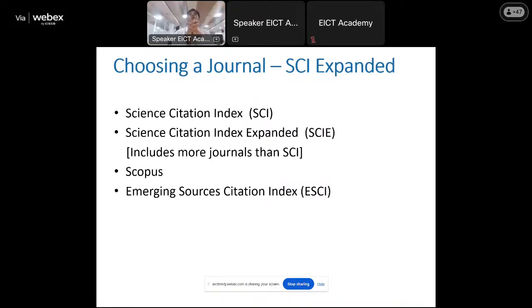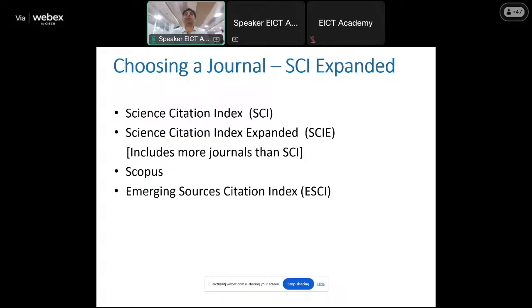Now we will discuss how you can choose a journal. What are the different parameters for that? First database is SCI, Science Citation Index.